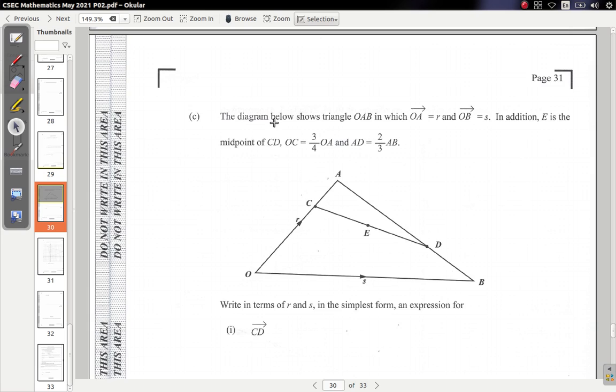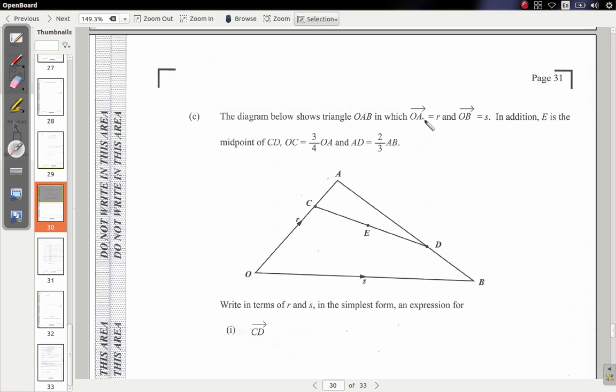It says the diagram below shows triangle OAB. So you have triangle OAB, alright? In which OA equals r. You see the r here, so OA equals r. OB equals s.